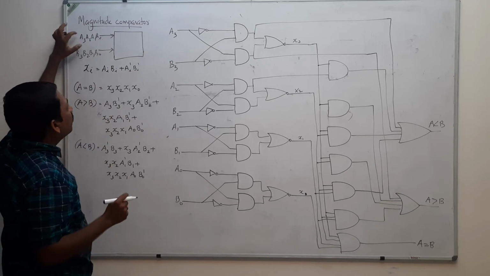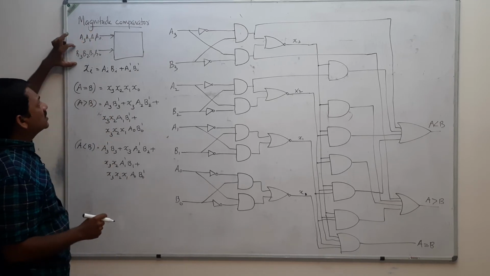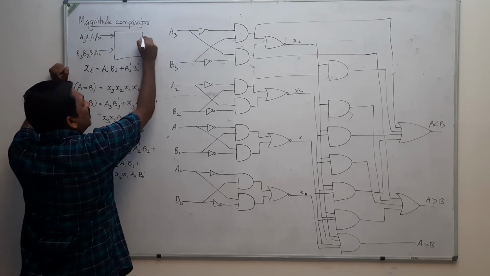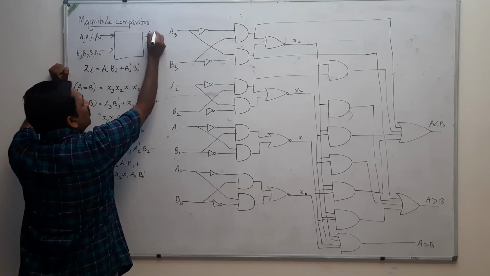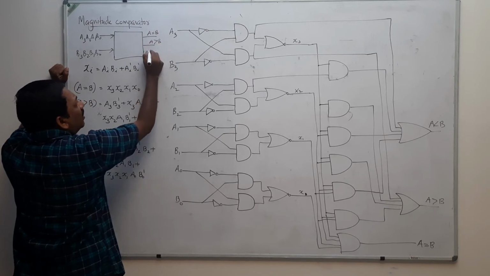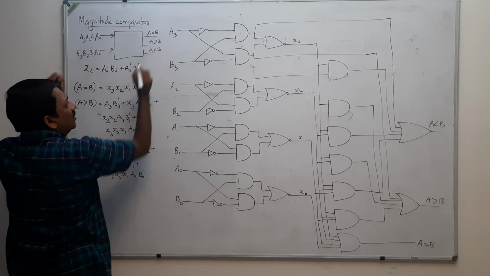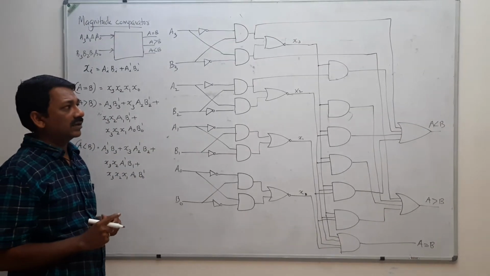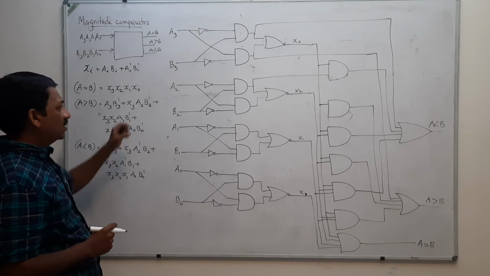That means this is a 4-bit binary number. This is another 4-bit binary number. After comparing this will give either A equal to B, or A greater than B, or A less than B. These are the outputs generated by this magnitude comparator.